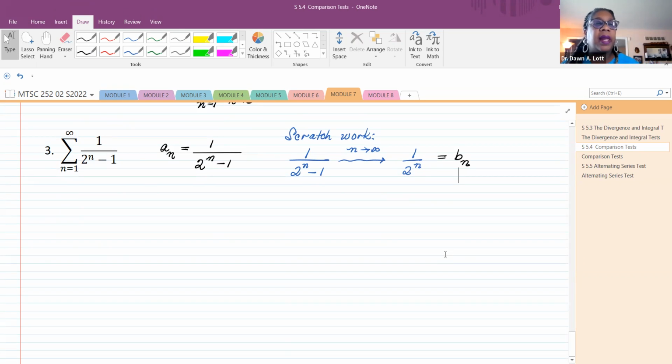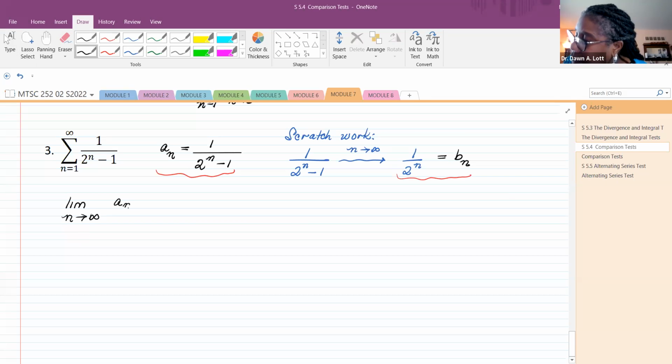And so now I have a_n and I have b_n. Here's a_n, and here is b_n. I now need to compute the limit as n approaches infinity of a_n divided by b_n. When I take a_n, which is a fraction, and divide by b_n, which is also a fraction, I'm going to multiply by the reciprocal.